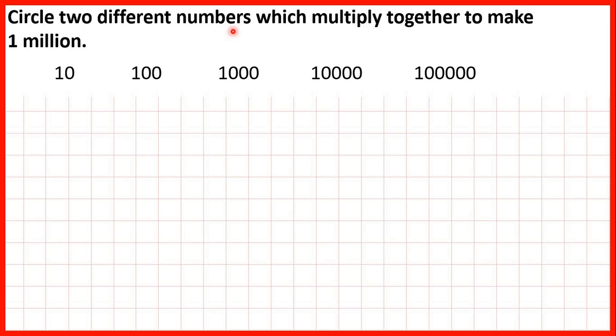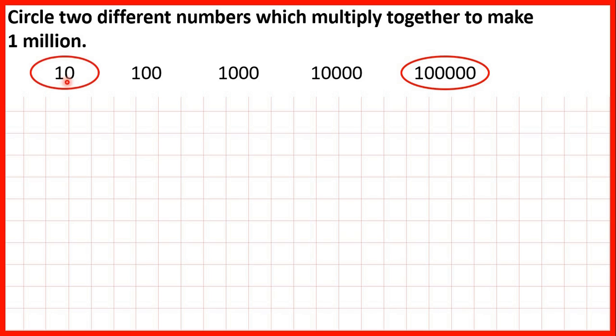Circle two different numbers which multiply together to make 1 million. So we have the numbers 10, 100, 1,000, 10,000 and 100,000. So if we take 100,000, that's a 1 with 5 zeros on the end. With 1 million, we have a 1 and 6 zeros on the end.